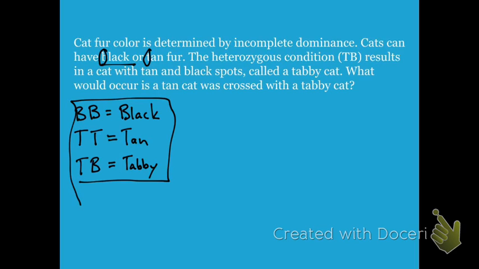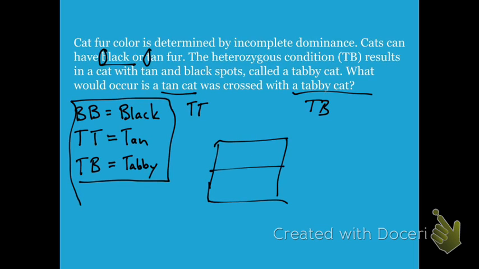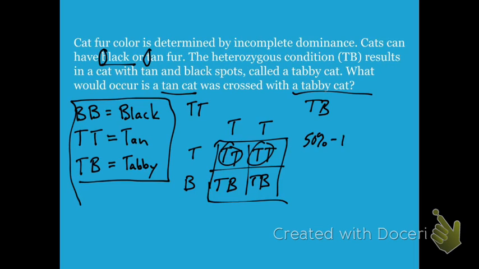So then it says, what would occur when a tan cat, which is big T, homozygous for T, is crossed with a tabby cat, which is TB? So I'm just going to do that cross. So big T. So 50%, or 2 out of 4, right, will be the genotype homozygous for T, and that will be tan.